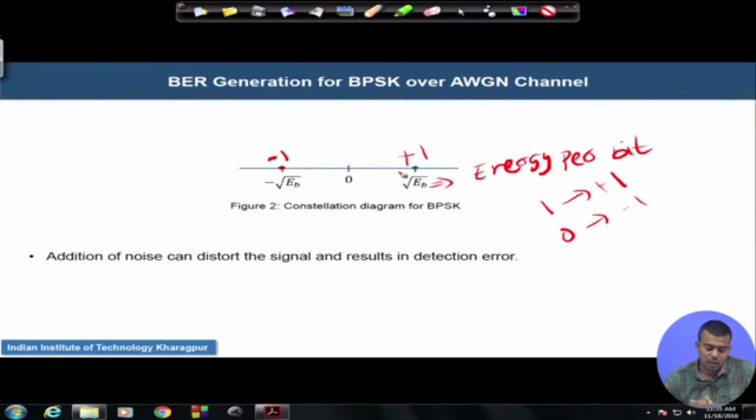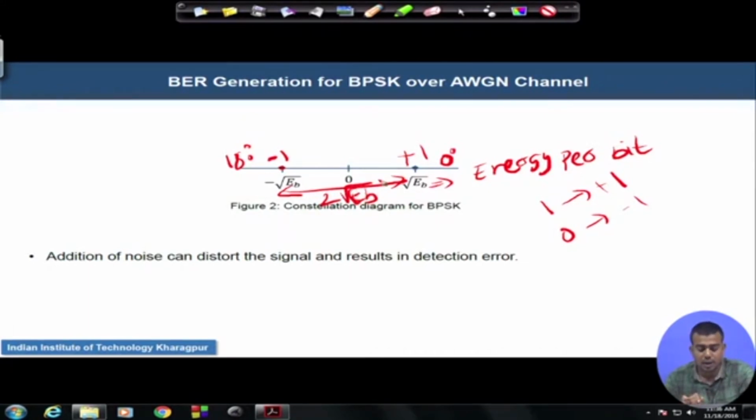Both transmitted bits are separated by 180 degrees phase shift, 0 degrees and 180 degrees, and the distance between the constellation points is 2 times square root of Eb.